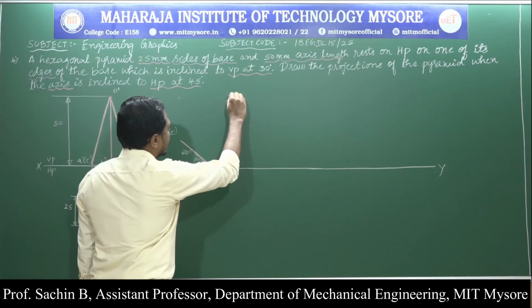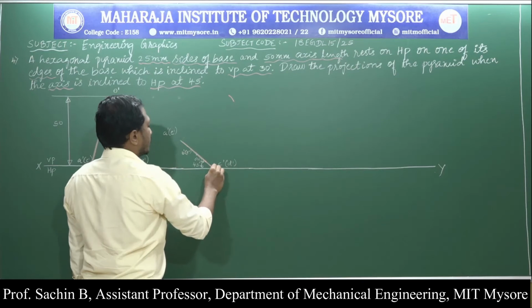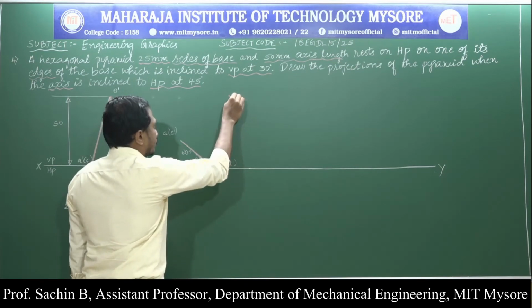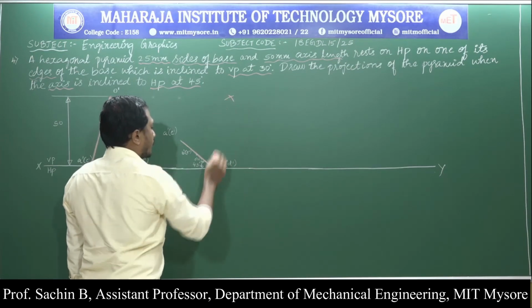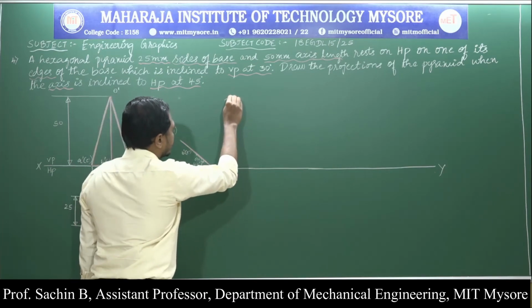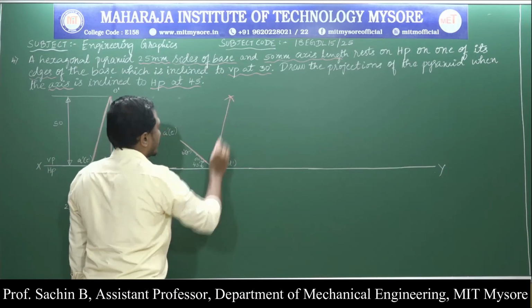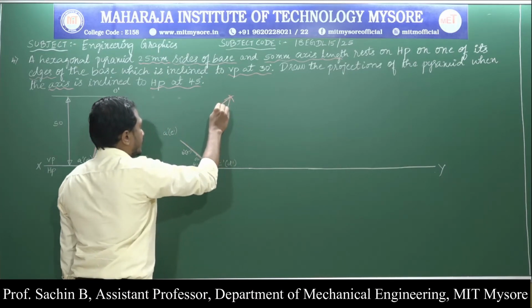After measuring with the compass, I am going to cut an arc from A dash to O dash, and one more arc from C dash to O dash. Now I will go for joining this. Again I will join this slant edge.